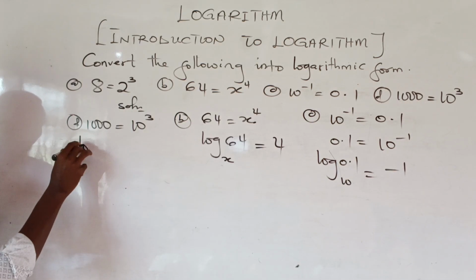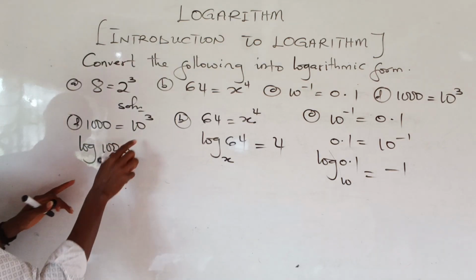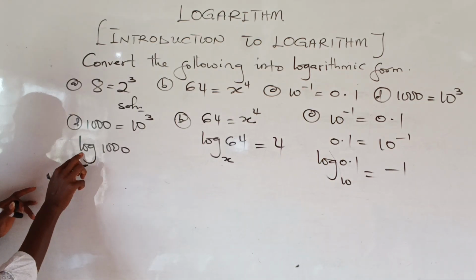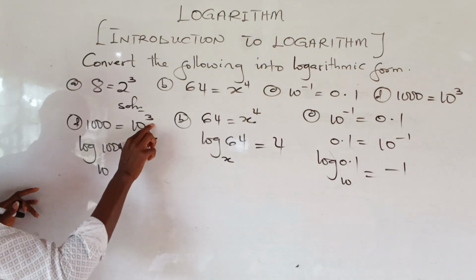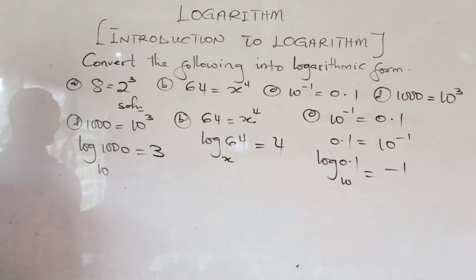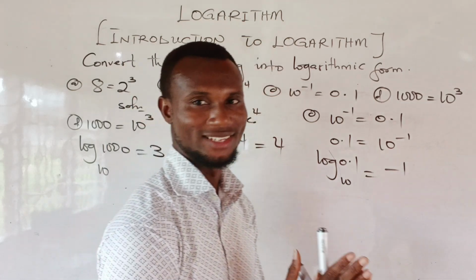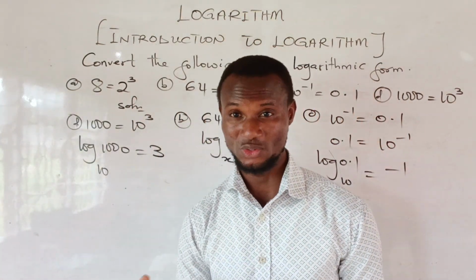So it's going to be the log of 1000. Then this 10 here will become a base. So log 1000 to the base 10 should be equal to the power 3 that we have here, and this is your final answer. I hope the explanation is clear enough and you understood it.